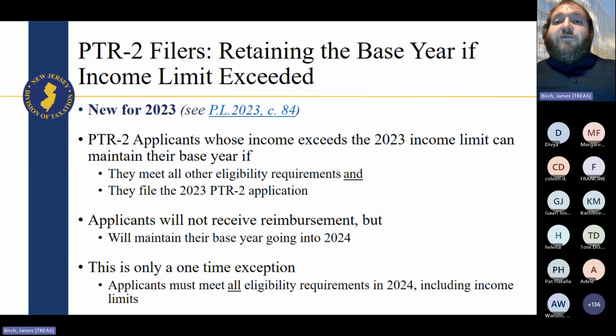So it is beneficial to maintain that base year when, in most cases, your property taxes were lower. That's not always true, but generally speaking, it is. And this is only a one-time exception. So if they pass their income limit, the next time they file, they will then have to meet all eligibility requirements, including the income.